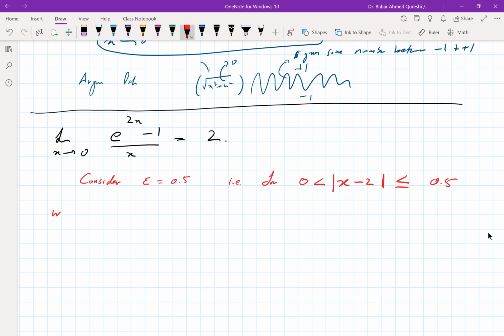Then what is the margin of error around the limit?